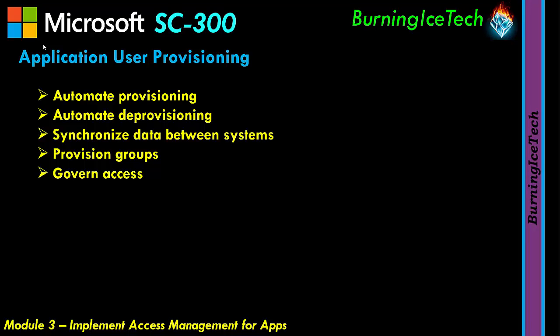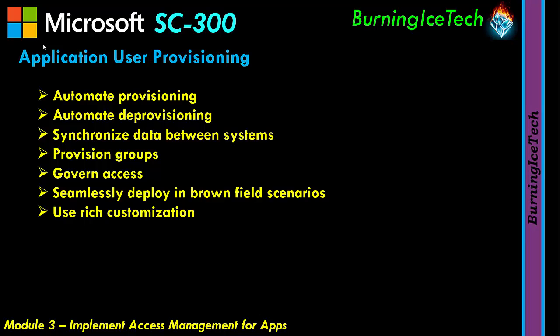It allows you to seamlessly deploy in brownfield scenarios. In other words, match existing identities between systems and allow for easy integration even when users already exist in the target system. It allows you to use rich customization if you'd like to make use of that.